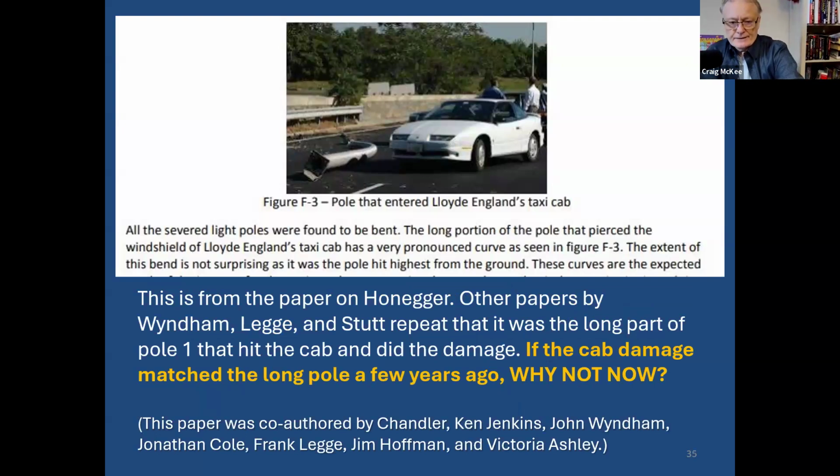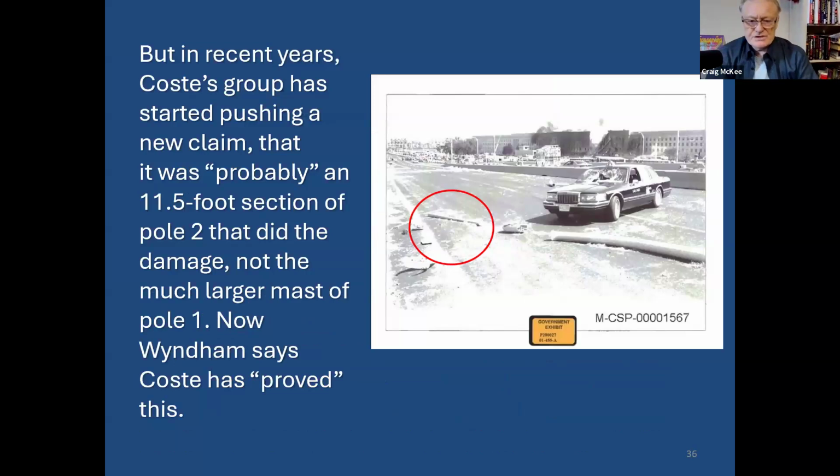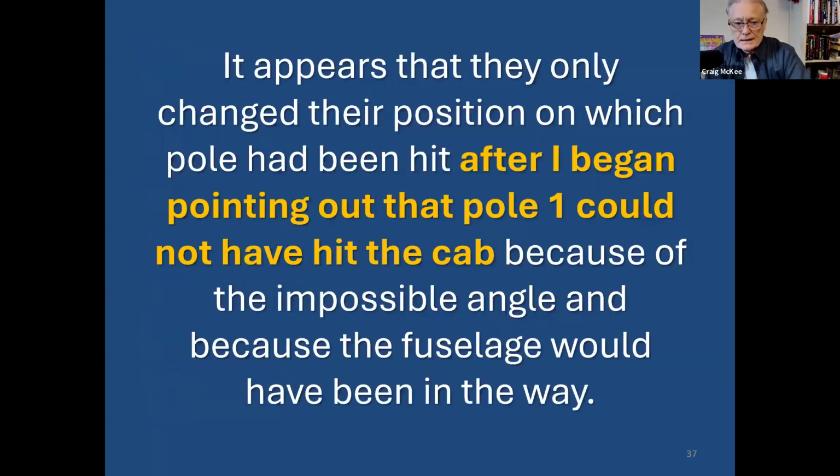And then, okay, so this is a shot that shows what Wayne is saying is the pole that actually hit. Although I would argue he has no basis for saying that. He can speculate that it couldn't have been the big one, so it must have been the small one. But he has no evidence to support this at all.